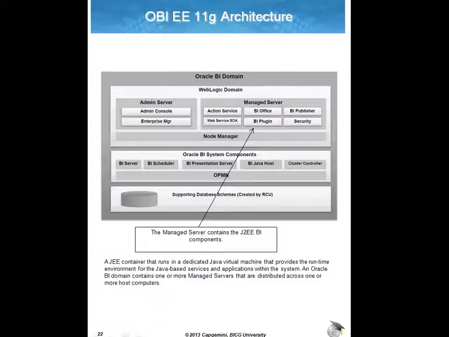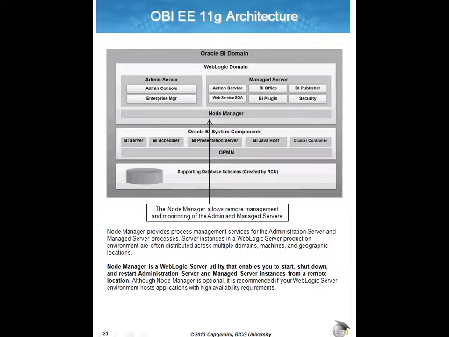So within the managed server, you'll have applications that are running within your BI domain, such as BI Publisher, your security model, and your action framework is deployed there as well. If you were doing mapping and things like that, you would deploy your map viewer within the managed server.